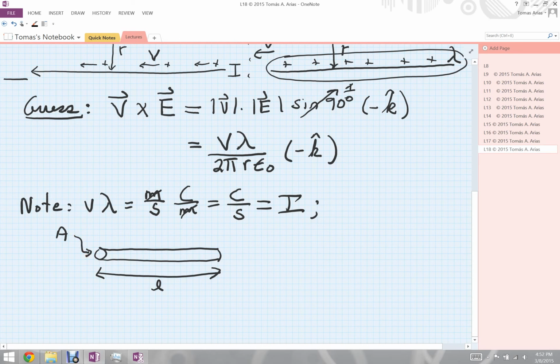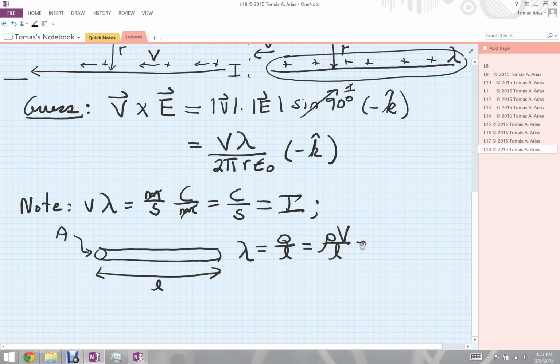If I think about the meaning of lambda, this charge per unit length, that, of course, is the total charge on my chunk of wire divided by its length L. And because I want to get this in terms of things that I can relate to densities and current densities, the total charge is equal to the charge density rho times the volume, divided by the length of my wire.